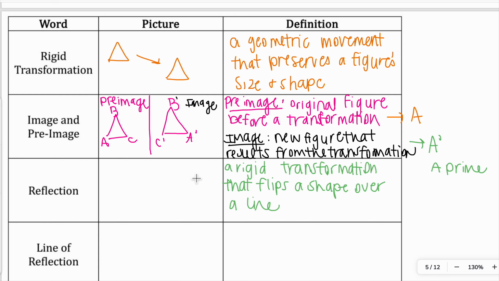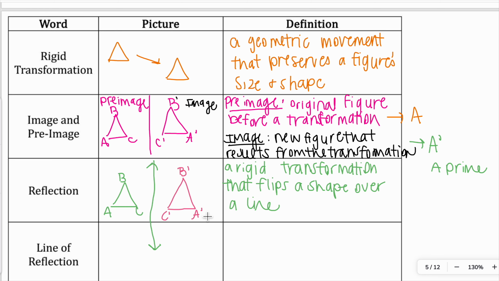So we're going to go ahead and draw a picture. Pretend that was a straight line of a triangle ABC, and really just repeat what we had for pre-image and image. So here's my pre-image, and then my reflection would have C prime, A prime, and B prime.